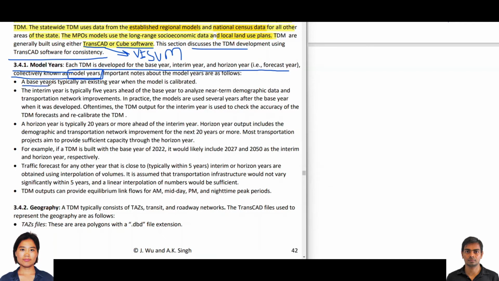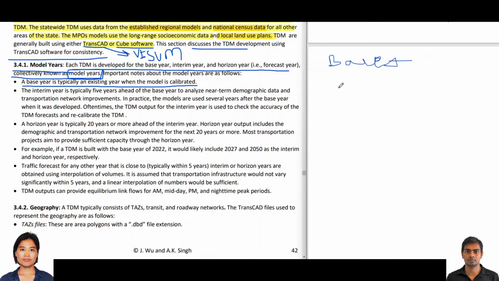A base year is typically an existing year in which the model is calibrated, and the calibration data is usually from the past.